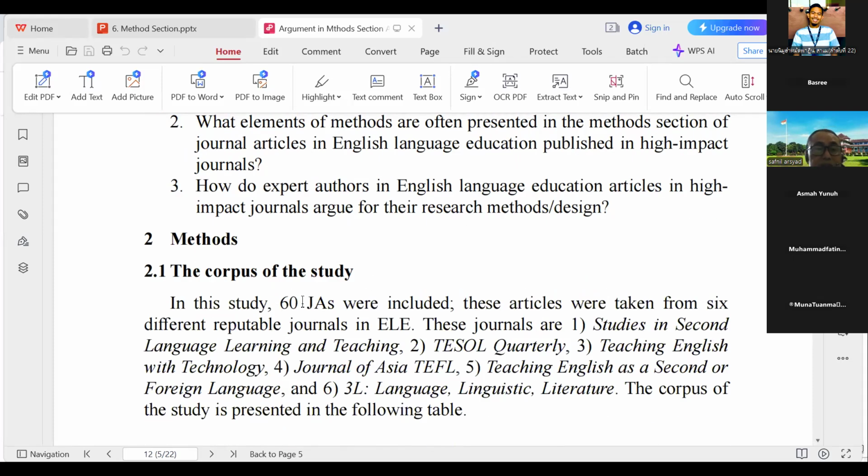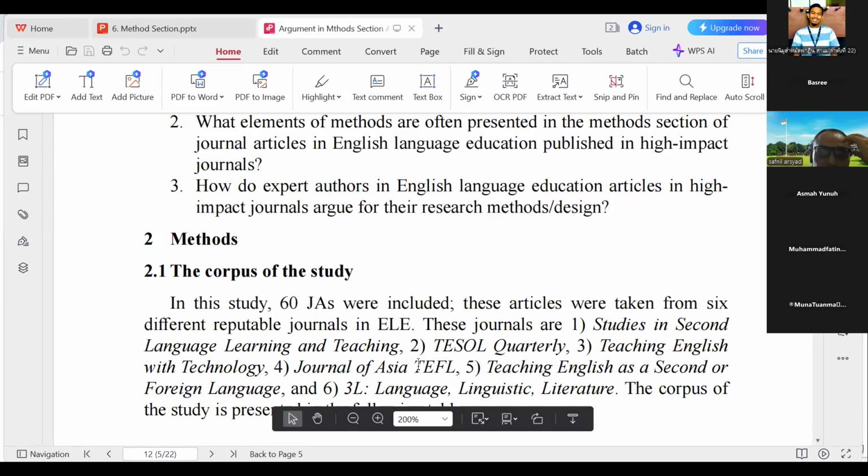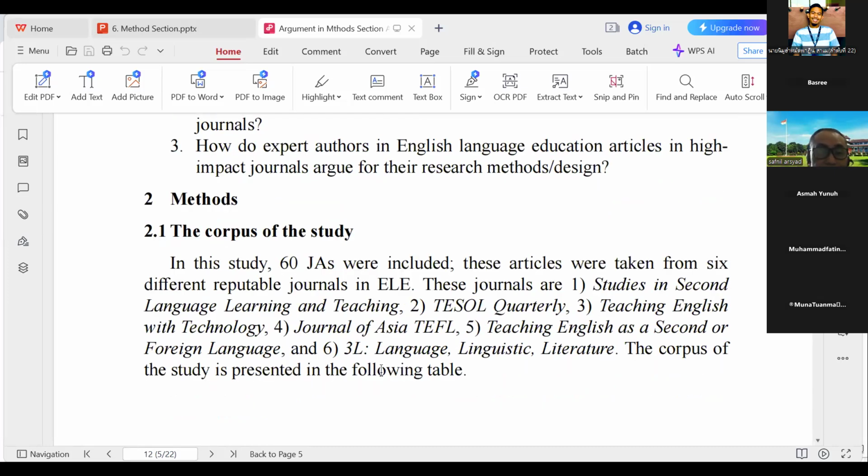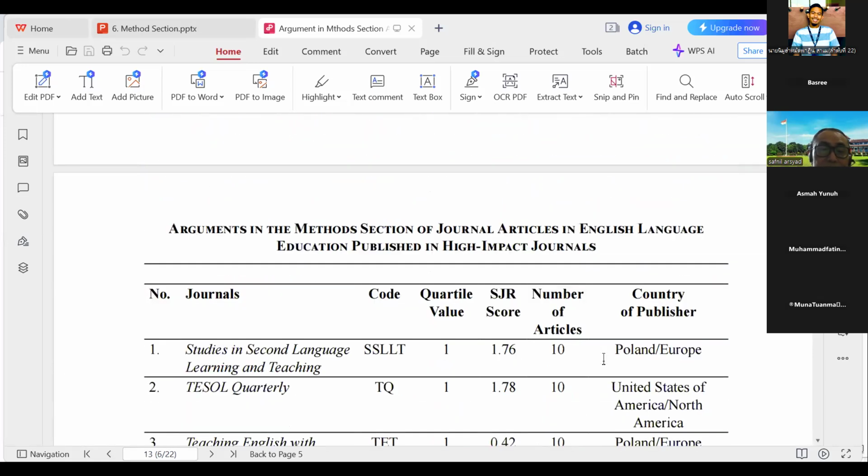Okay, only 60 articles, from studies in English language education and teaching, TESOL Quarterly, Teaching English with Technology, Journal of Asia TEFL, Teaching English as a Second or Foreign Language, and 3L, this from Malaysia, Language, Linguistics, Literature. So these are the corpus.